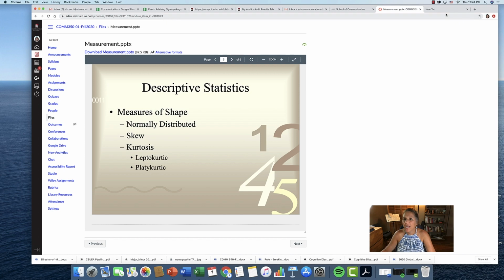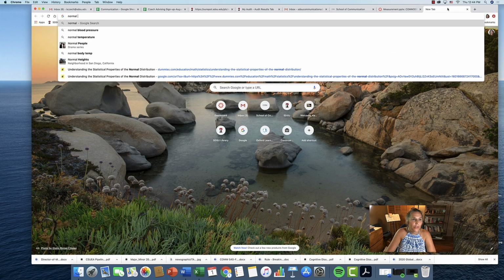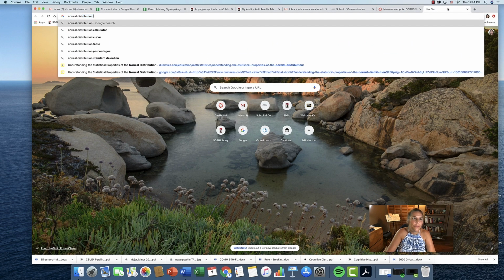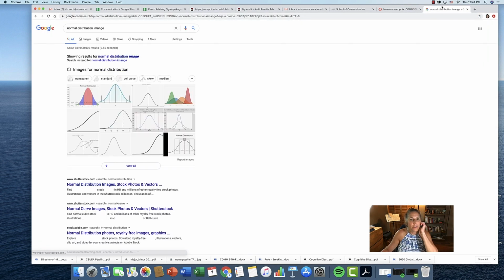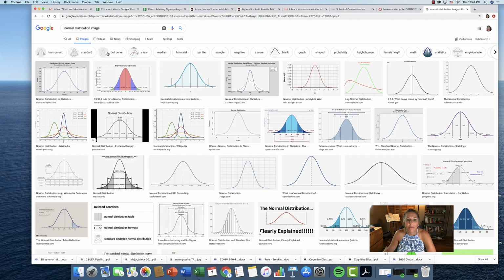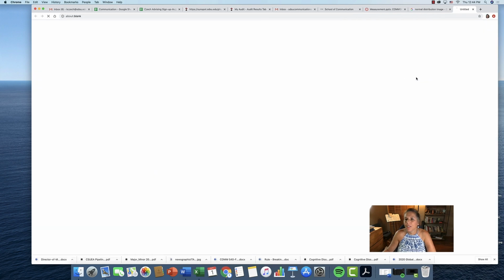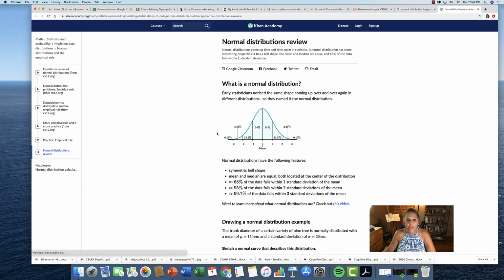Now, let me Google normal distribution image here, and it should come up. So when we talk about a normal curve, this is a really good picture right here. This is what we want. Everything is equal, and the mean should be right in the middle.